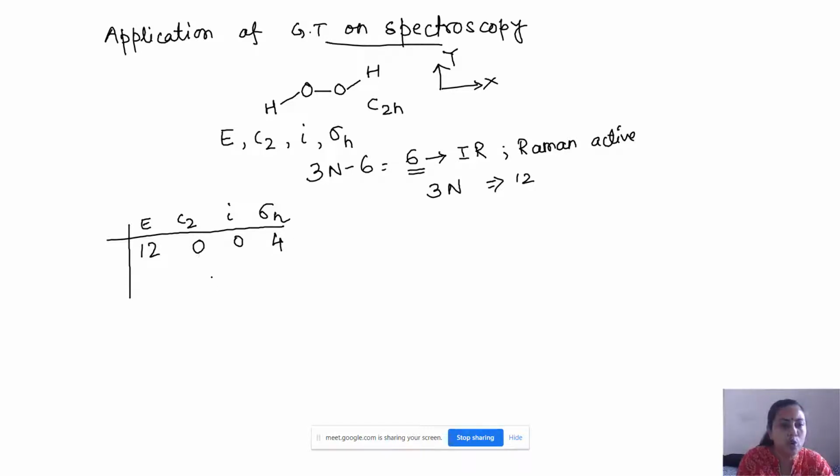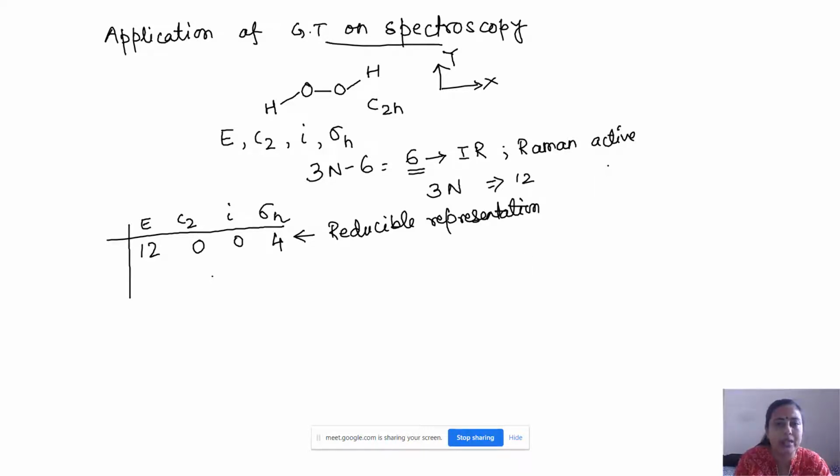All of us know that if we square the characters under the symmetry operations and add them up, and that is not equal to the order of the group, then this is a reducible representation. We can easily find out which irreducible representations are spanned by this reducible representation. For that, we require the character table of the C2h molecule.